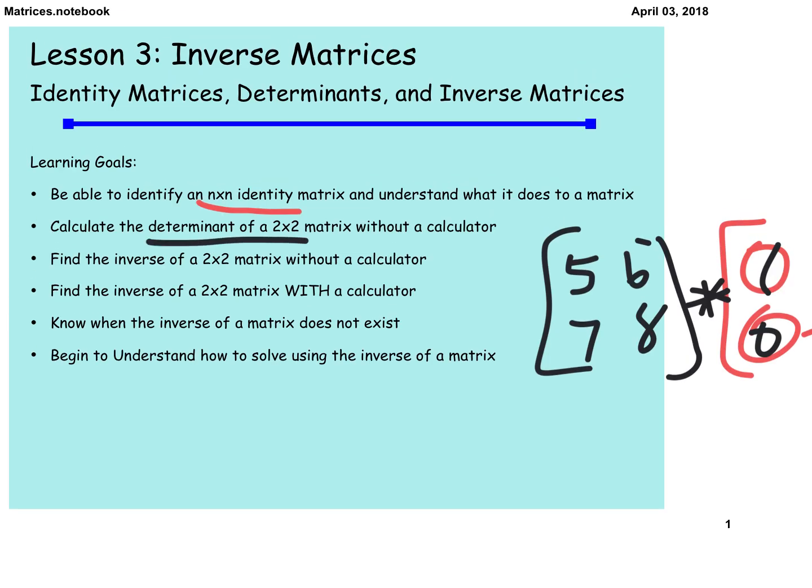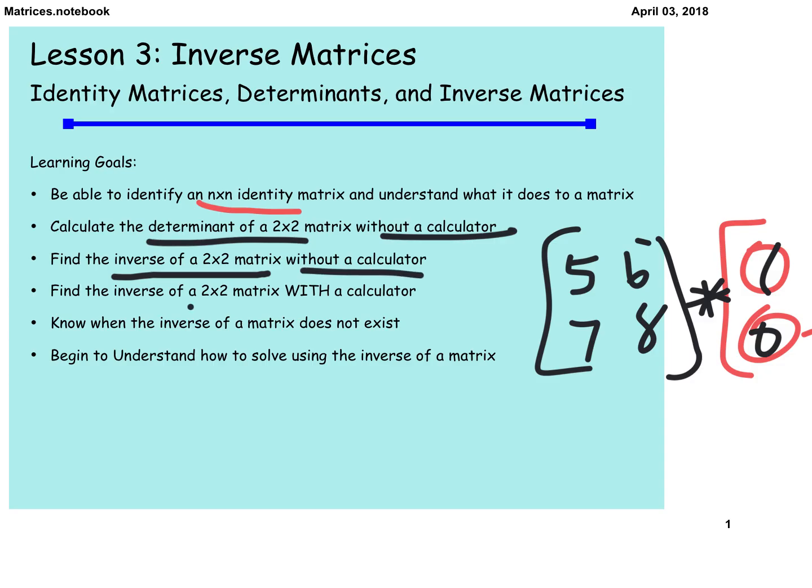The determinant of a 2 by 2 matrix without a calculator. All right, why won't you just do it on a calculator? Well, it's kind of actually easier to do, and it's also good for you to know what the calculator is doing. All right, and then we're going to find the inverse of a 2 by 2 matrix, which is different than a determinant, which is different than an identity matrix, without a calculator.